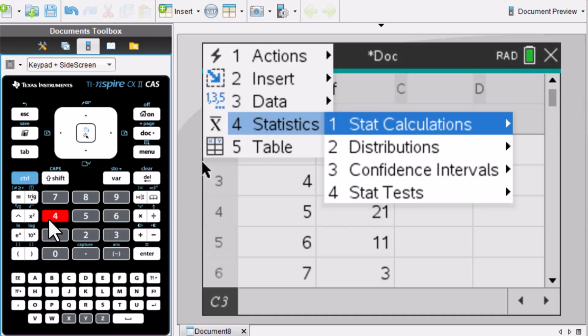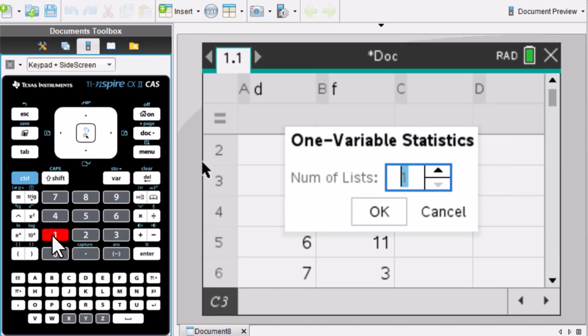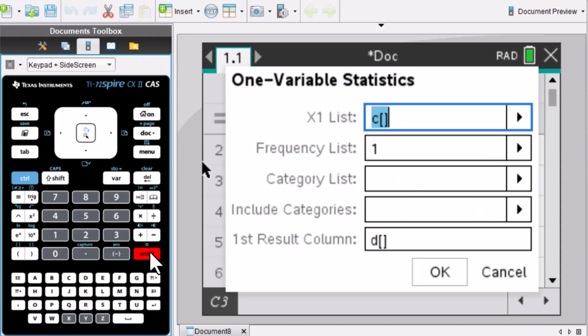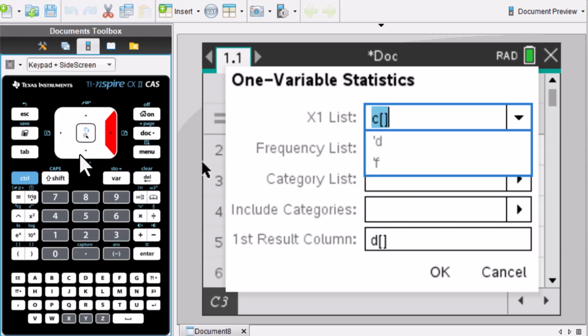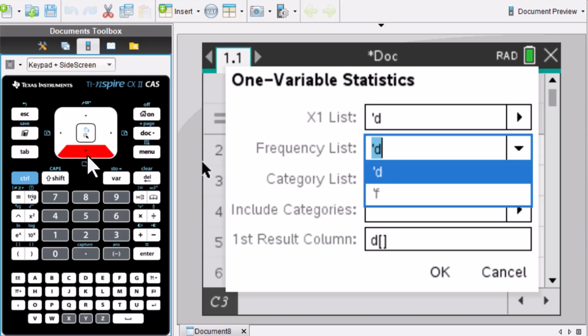Menu. Statistics. 1. Stat calculations. 1. Variable statistics. Enter. X1 list, it's D. Frequency list is F.